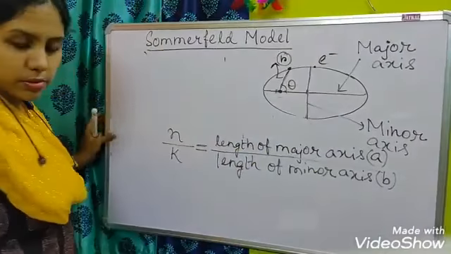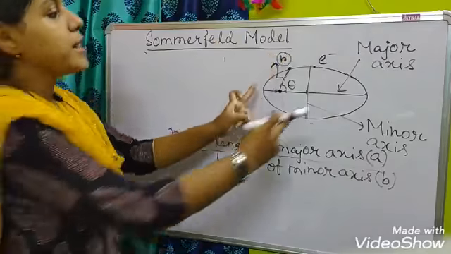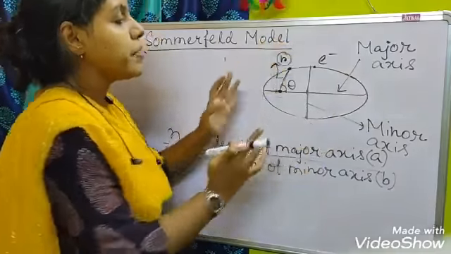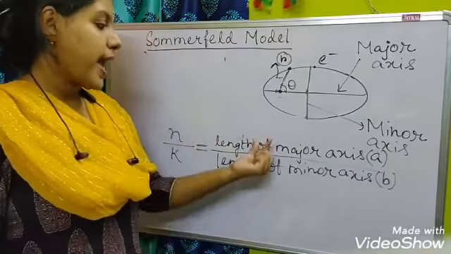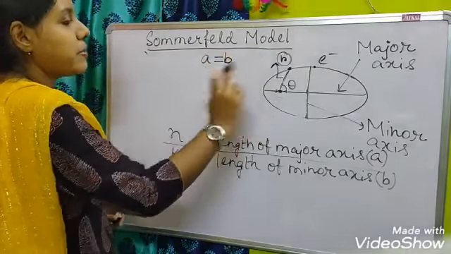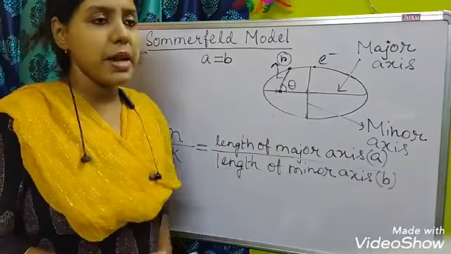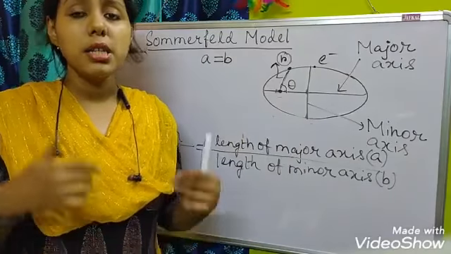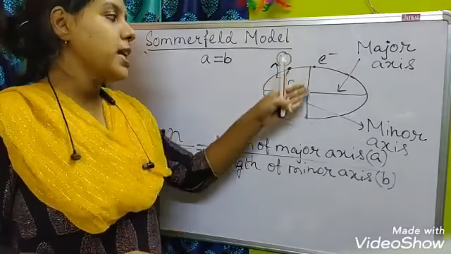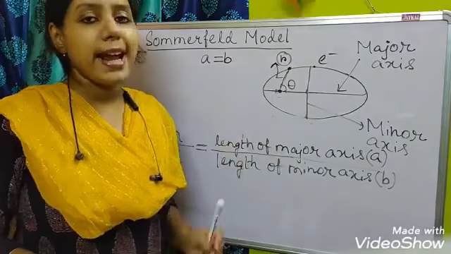So that means whenever the length of both, that is the major axis and the minor axis, become equal, whenever a is equal to b, it will become a circle, or the path will become a circular orbit, because the distance is the same everywhere, that means it will act as the diameter.